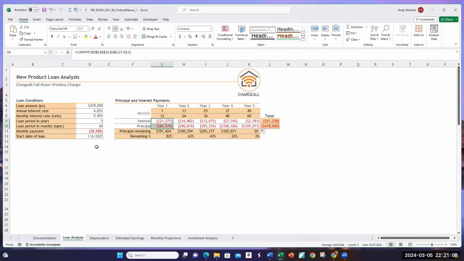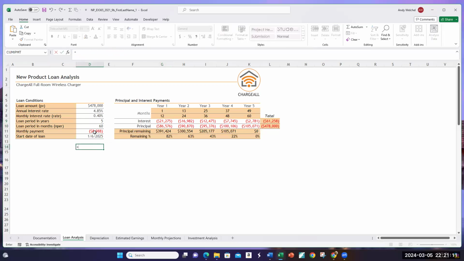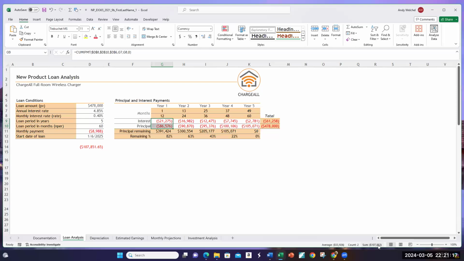It should come to the same number. 107,851. 107,852. It's rounded, but yeah, you see what I'm saying? So this is the total payments we're making for the whole year, but some of it's interest and some of it is paying down the loan.